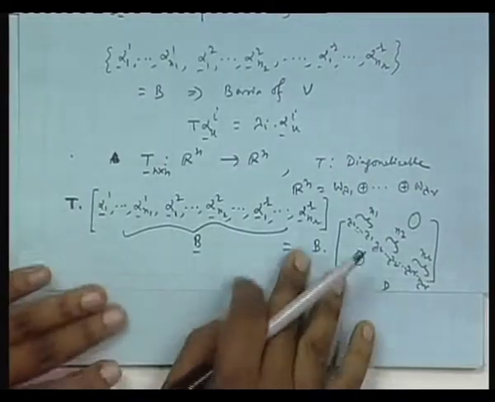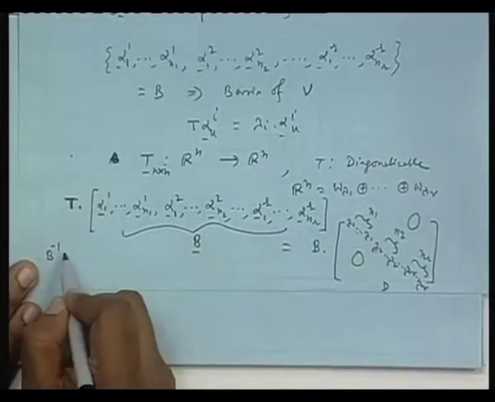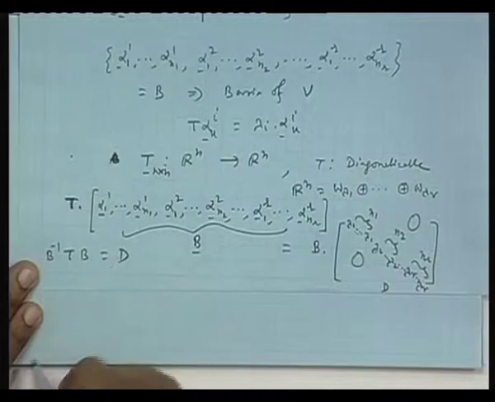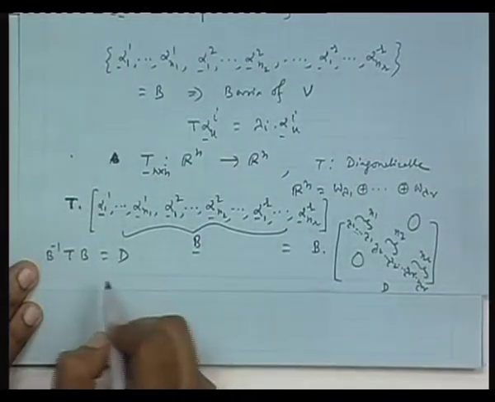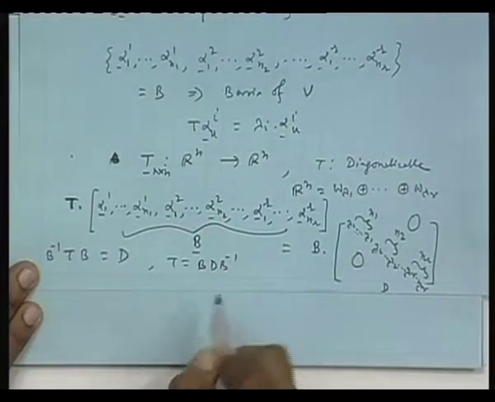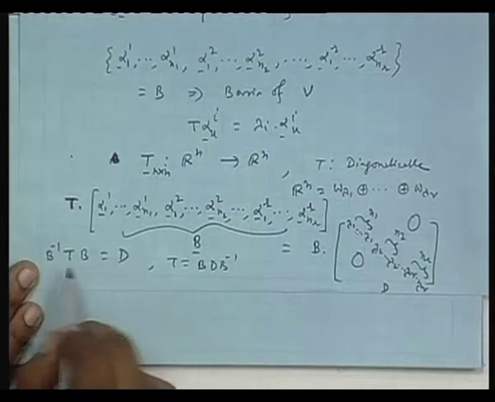If it is invertible, then if we multiply by B inverse on both sides, B inverse T B is this matrix D. Or alternatively, T is equal to B D B inverse, either form. So, this is called the diagonalization. T and D are called similar matrices.